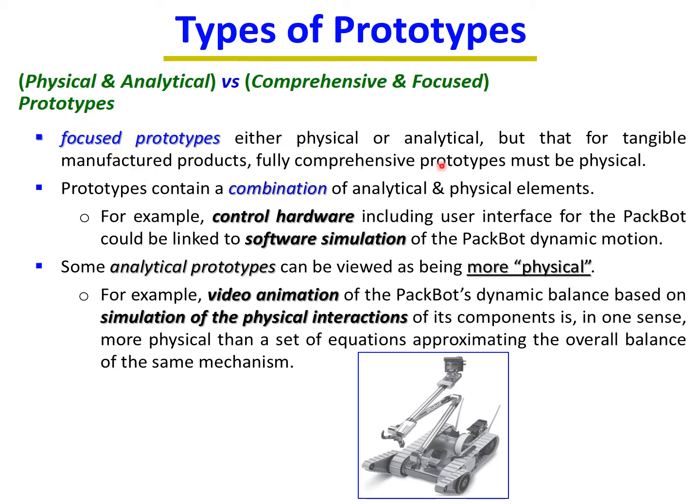But if you want the customer, you see the word tangible, that the customer can relate to it and feel it, then they should be more fully comprehensive. Prototypes contain a combination of analytical and physical elements. For example, control hardware includes user interface for the backbot, and this could be linked to software simulation of the backbot dynamic, right? So it can be a combination.